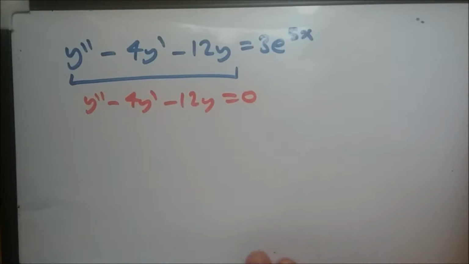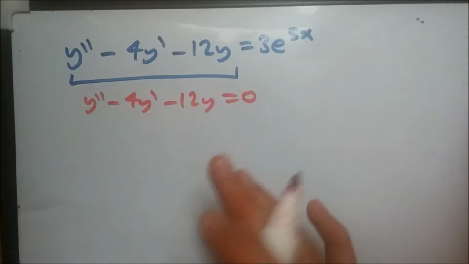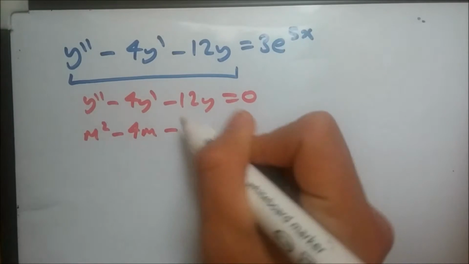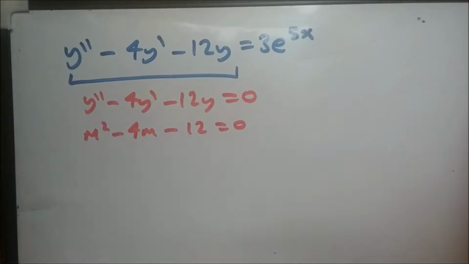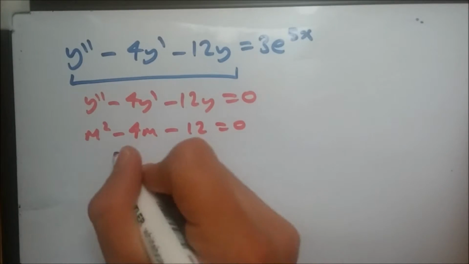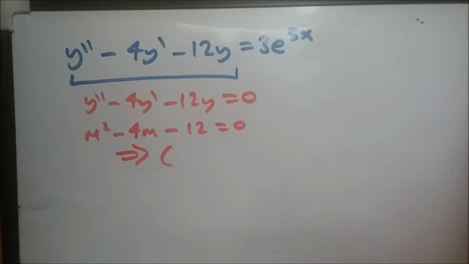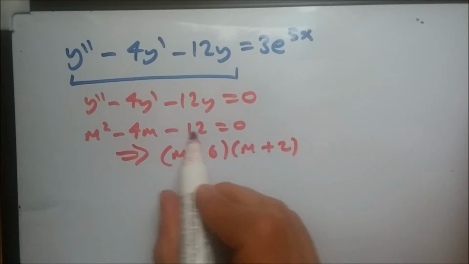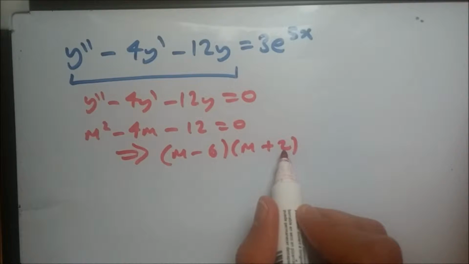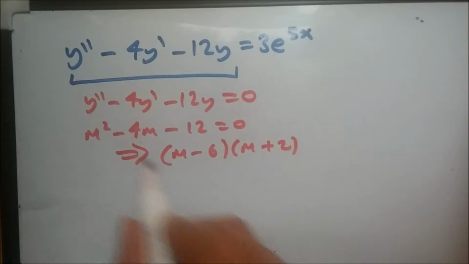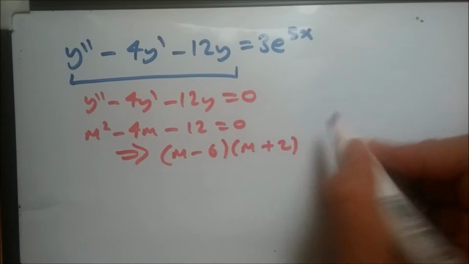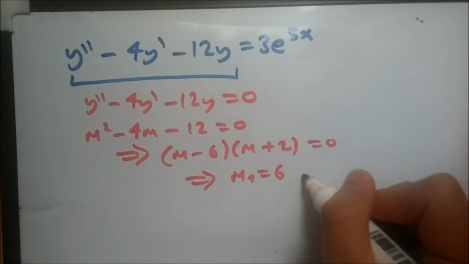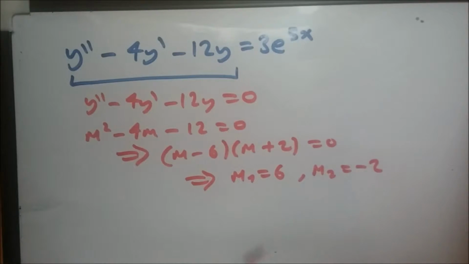Now we just have to find a characteristic equation again, so it's a quadratic. So we say m squared minus 4m minus 12 equals 0. Solving this quadratic, it's quite easy, we should get (m minus 6)(m plus 2). Minus 12 can be made by minus 6 times positive 2. Minus 4 can be made by minus 6 plus 2. So this is correct. Thus our roots are m1 is plus 6, m2 is negative 2.